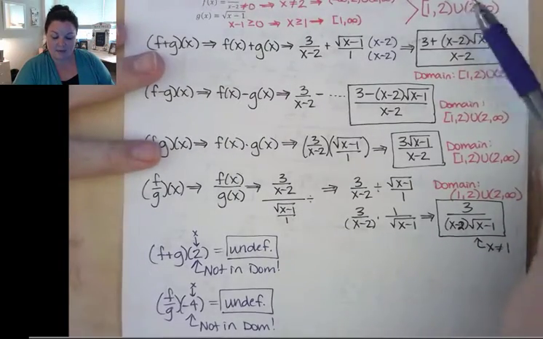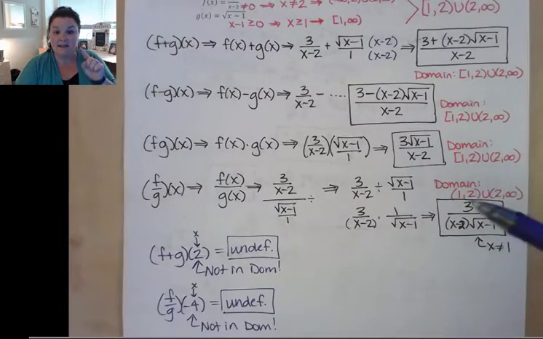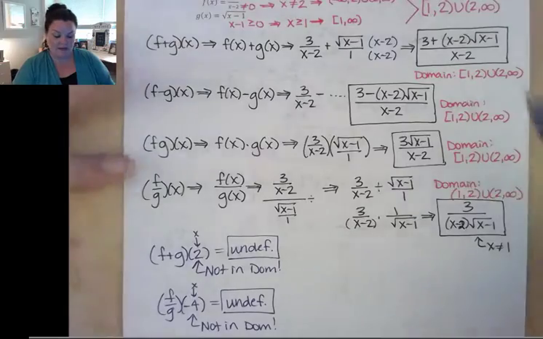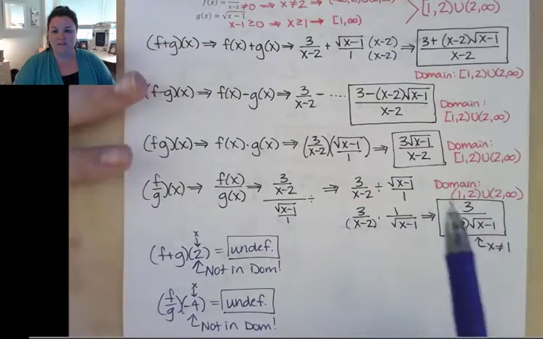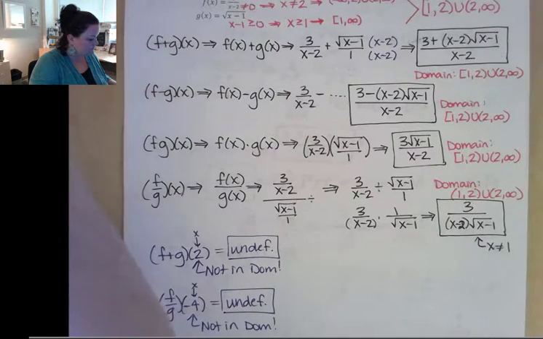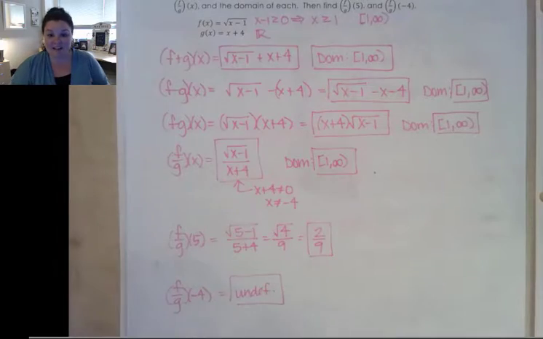That domain should be the domain of all 4 functions unless you come across a more restrictive issue. Then you'll evaluate 2 of the functions at whatever given values it gives you. And I believe there's just one like that for y'all to try. So go ahead and pause the video and try that out, and then we'll go over it. All right, let's see how you did.